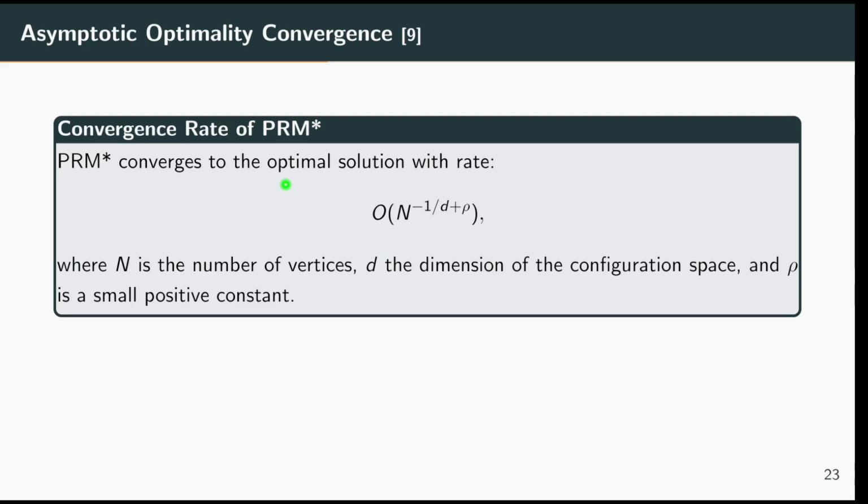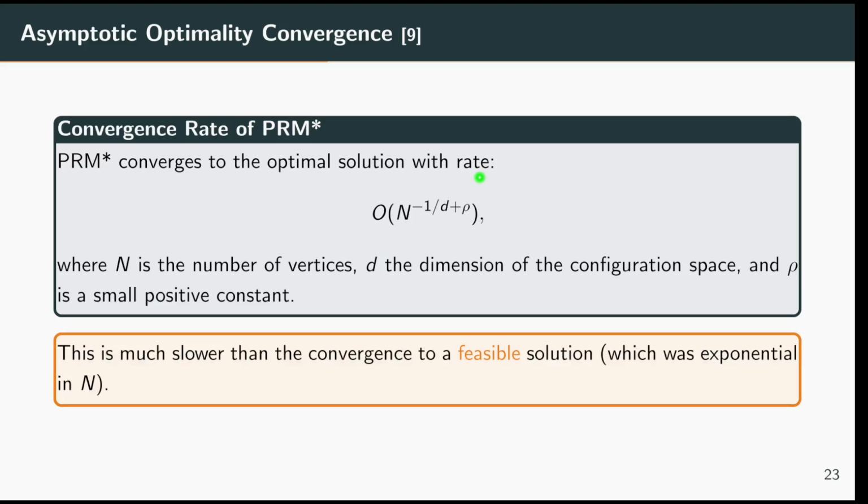Okay, then one question is always, can we quantify how quickly we converge to the optimal result? And at least for PRM we can. I've written down the result of the rate. And again, we have n as the number of vertices, d is the dimension, PRM is geometric, so that would be either 2 or 3, typically. Maybe for manipulators it can be higher. And rho is just some sort of constant.